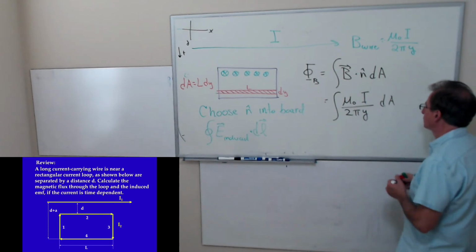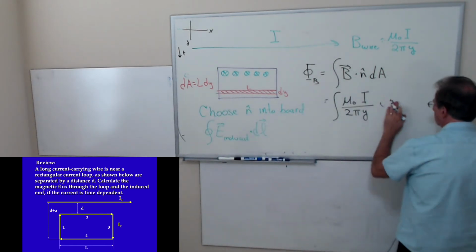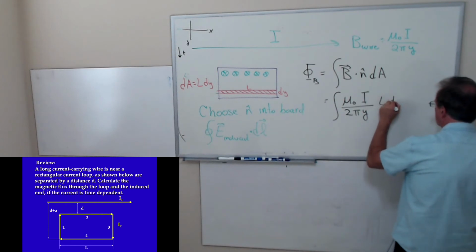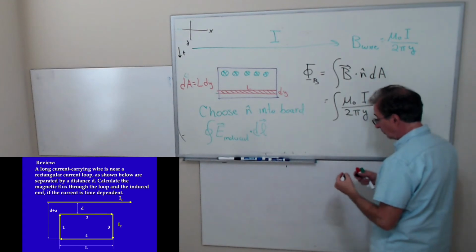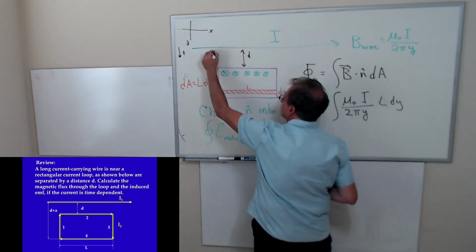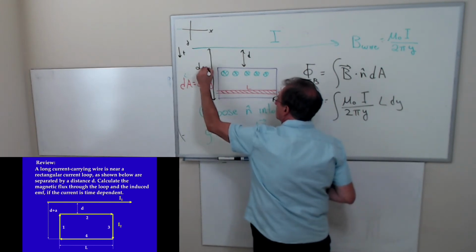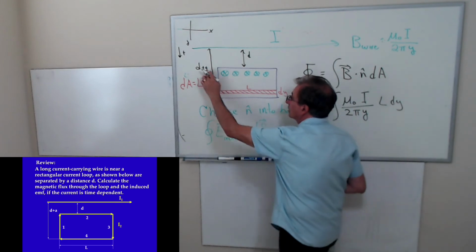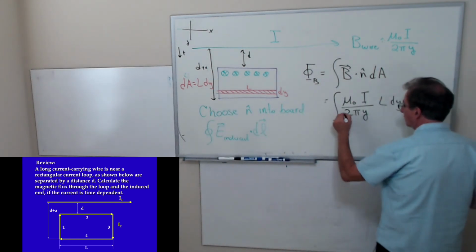All right. So my dA is this. So I put that in dy. What are my limits of integration? Well, this is d, and this is d plus a. And I chose down to be positive, so then I'm going to go from d to d plus a.